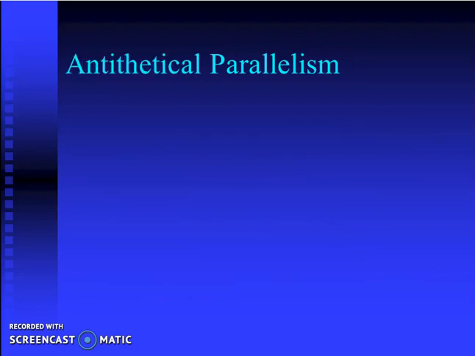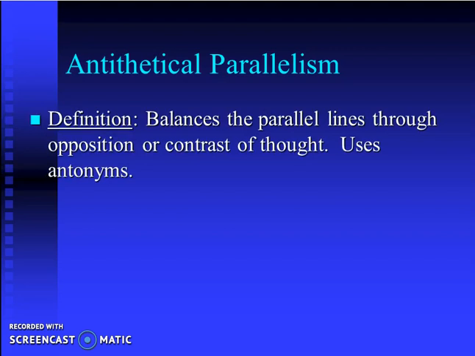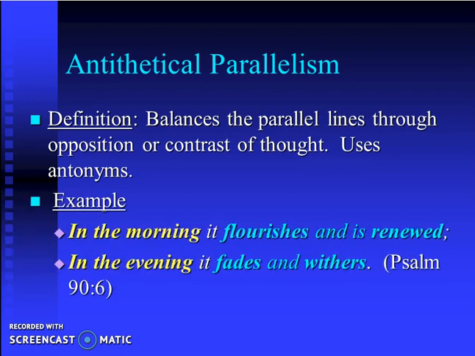The next category is antithetical parallelism. Antithetical parallelism balances parallel lines through opposite or contrasts of thought and tends to use antonyms as opposed to synonyms. Example from Psalm 90 and verse 6, speaking of grass, comparing grass with human beings.